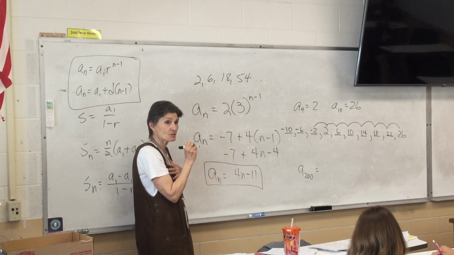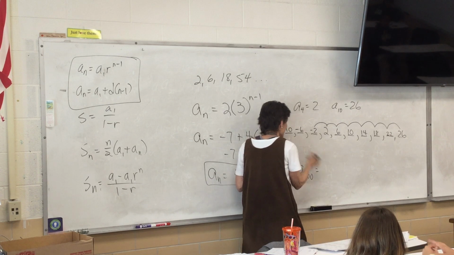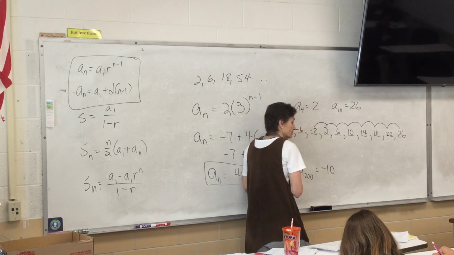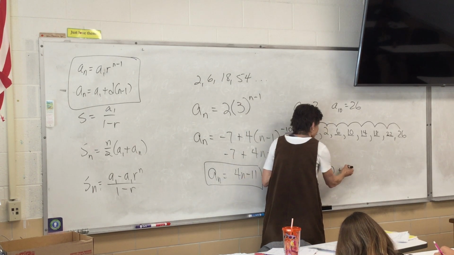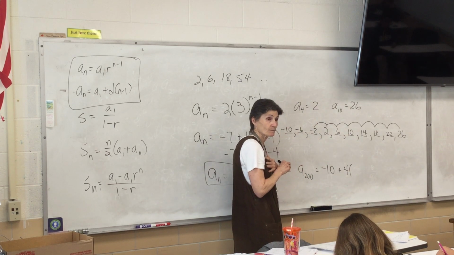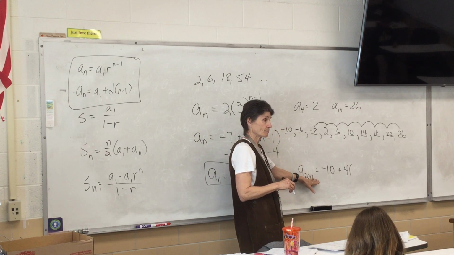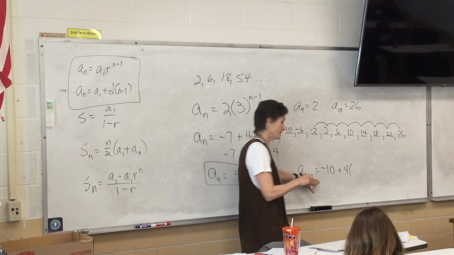Does that make sense to you? So the 200th term is negative 10 plus the common difference, which was 4, times what's n minus 1 going to be? 199.